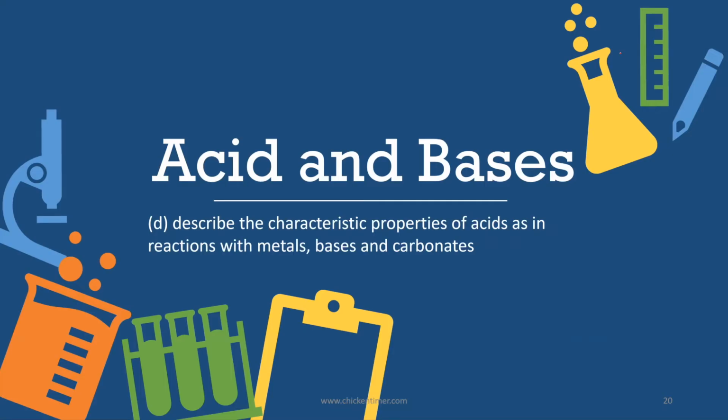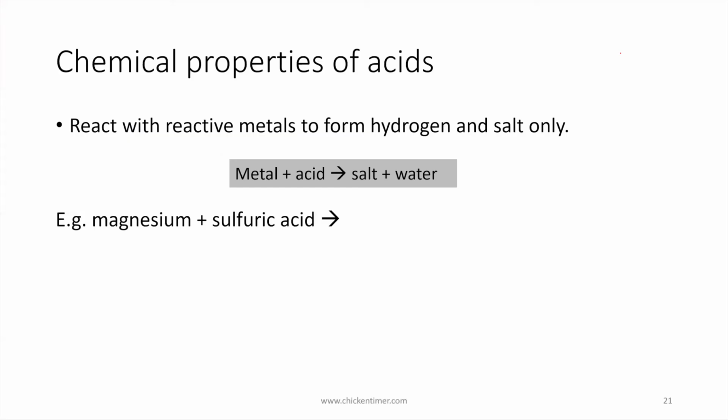So we have to talk about the chemical properties of acids, then later alkaline ones. So chemical property number 1, acids will react with metals to form salt and hydrogen only.